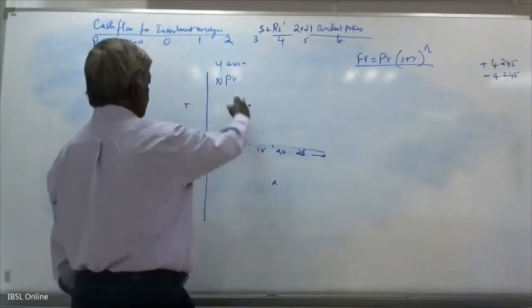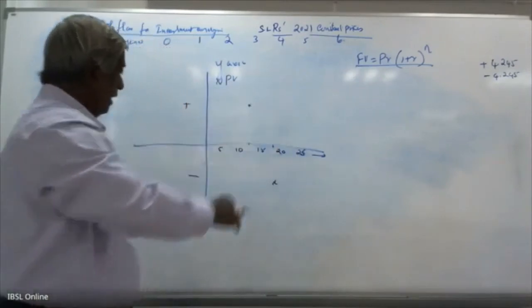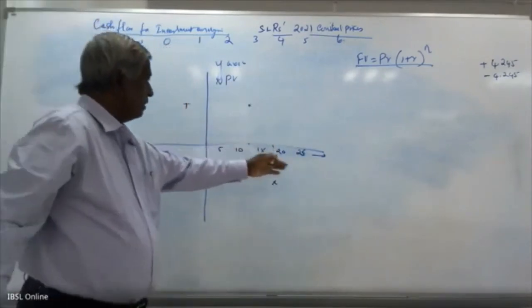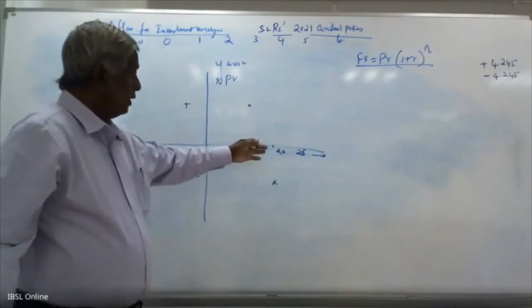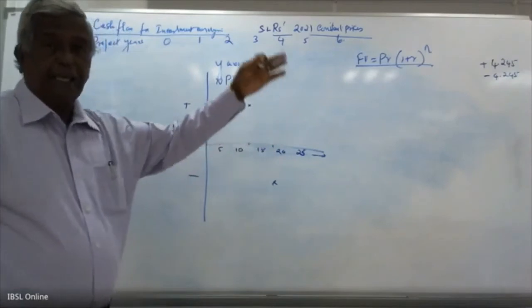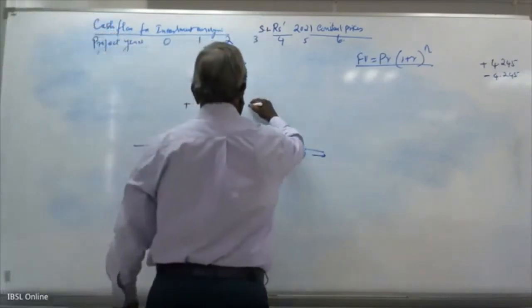And we may plot the graph at various discounting rates. We do this calculation at maybe 5%, 10%, 15%, 20%, 25%. What will happen?